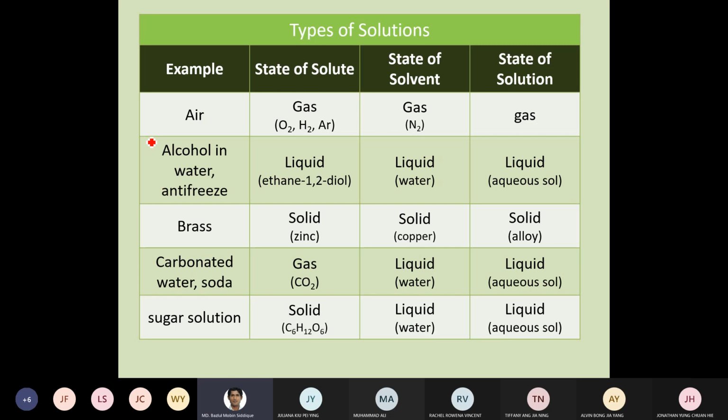And for solid, brass or other metal amalgams that we produce, those are solutions. So brass is not a single metal, it's a mix of different metals, for example zinc and copper, with more copper and a little bit of zinc used.